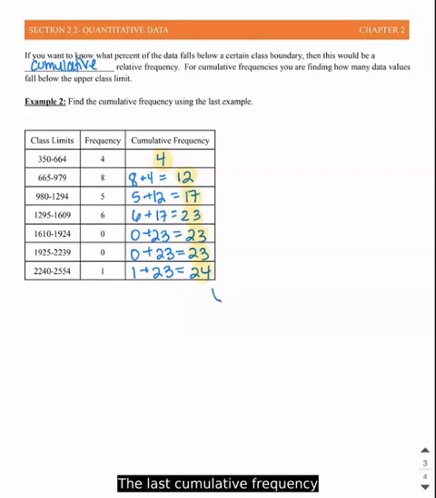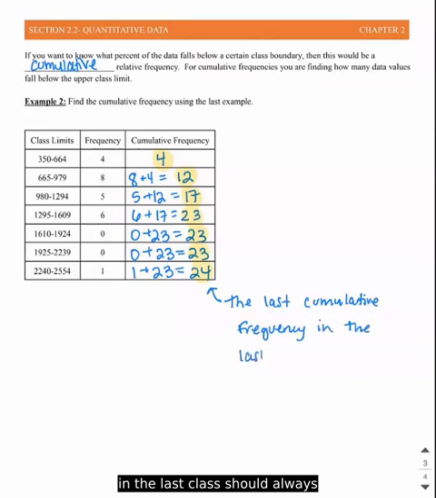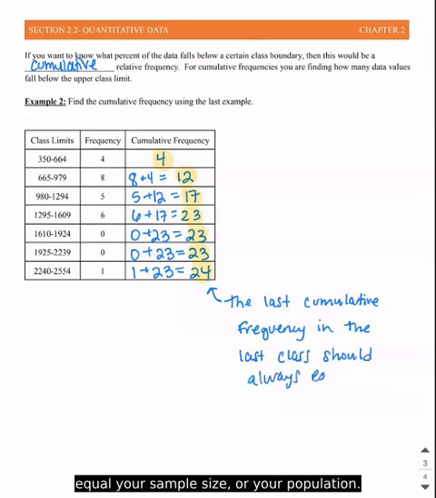But the last piece, the last cumulative frequency in the last class, should always equal your sample size, or if it's a population, however many people total, your total number of individuals.